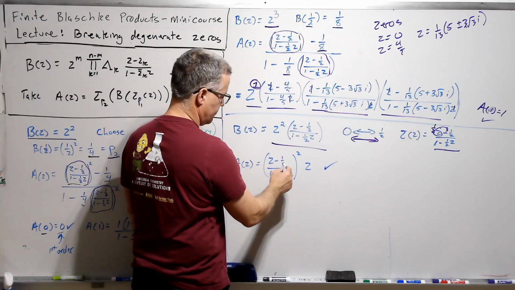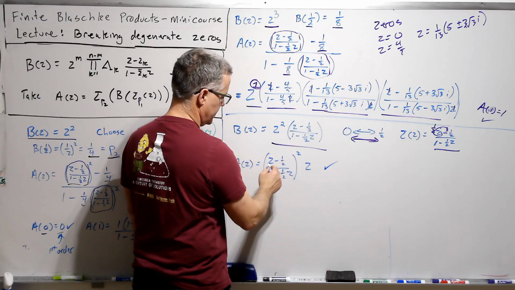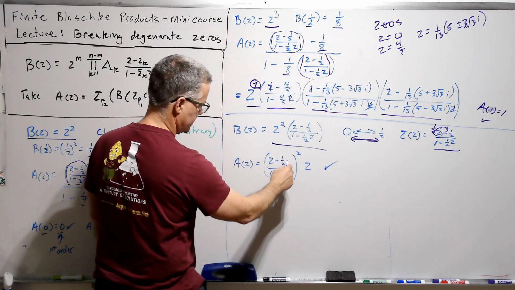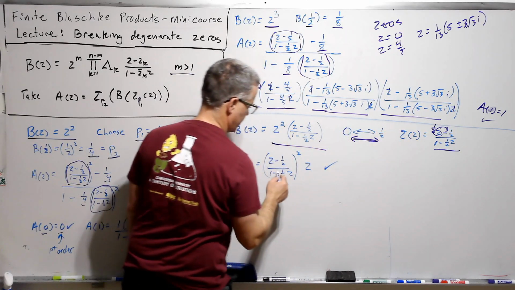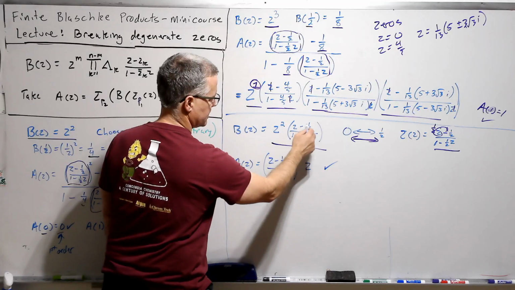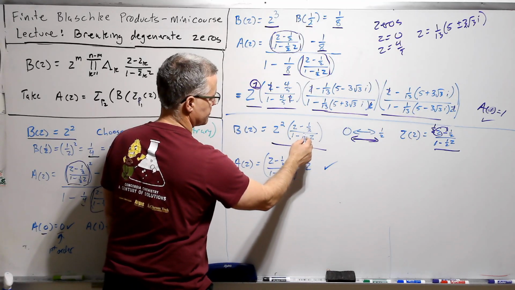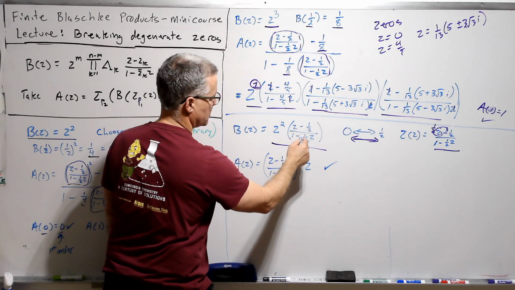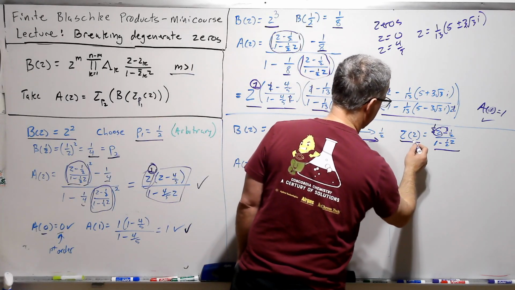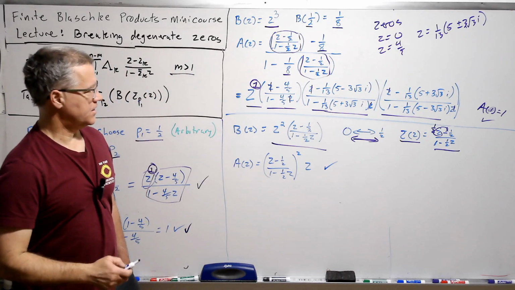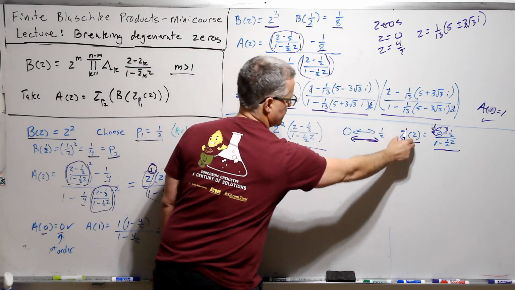So I will plug this in here, and notice I can write that this just becomes this squared, and then this is precisely z. So this is tau z.